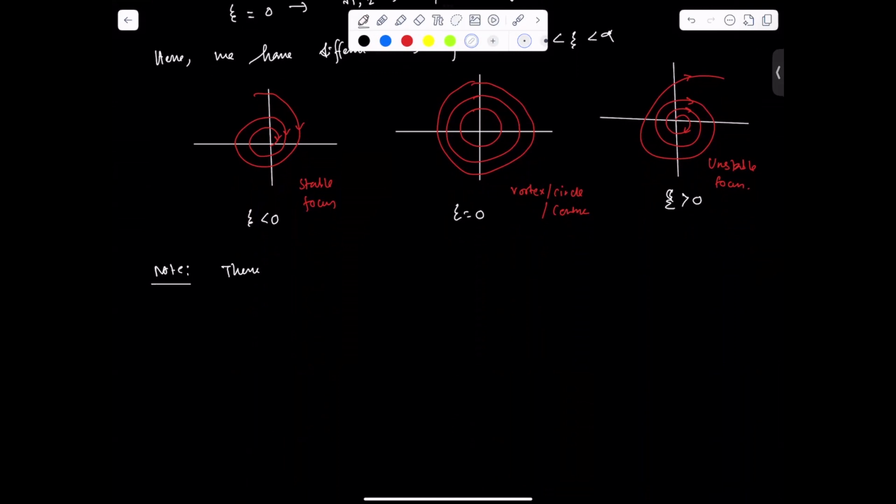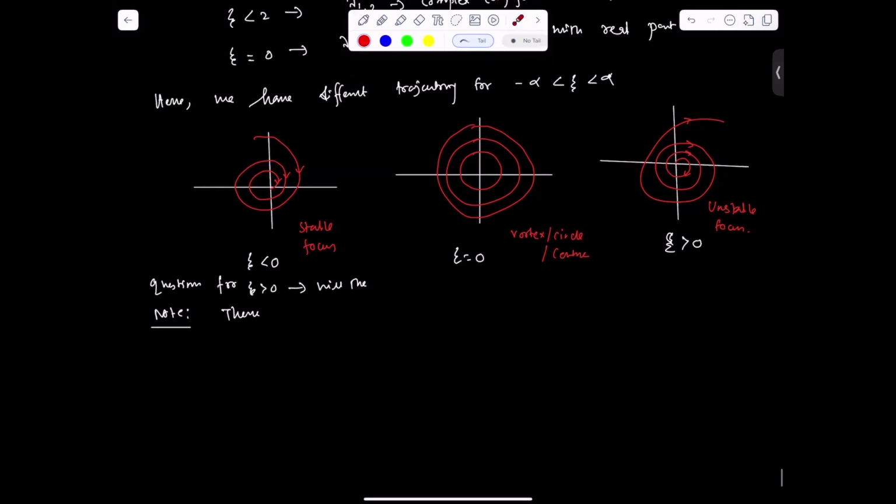Before that, a question. For zeta greater than 0, for zero, this is something, or sometimes we also call it an orbit. These are the orbits, maybe. These are the orbits, how the orbit practically happens.